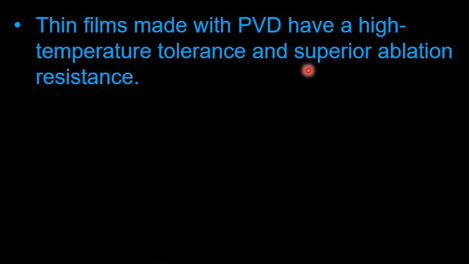You cannot basically remove the material from the surface of an object by vaporizing, chipping, or by other kinds of erosion processes. So that means that if you need a high temperature tolerant film, you need to deposit a film with a PVD process. That's the reason PVD is a core technique in the tooling industry, and it is also a core technique used in aerospace kinds of applications, where high temperature is considered for the deposition. The thin film made with a PVD process has a higher resistance, as I have discussed.